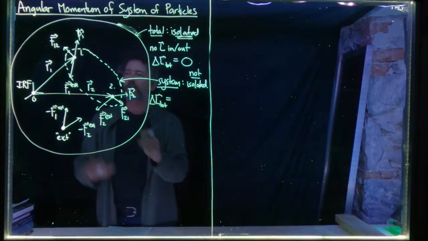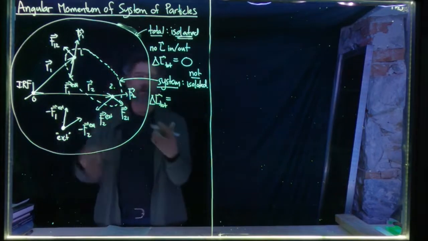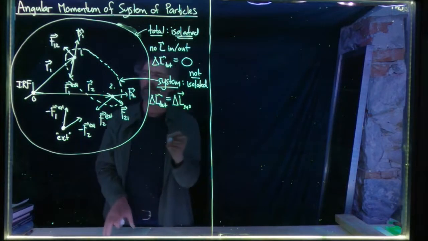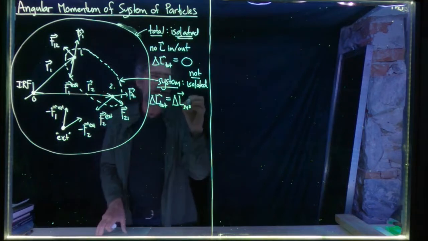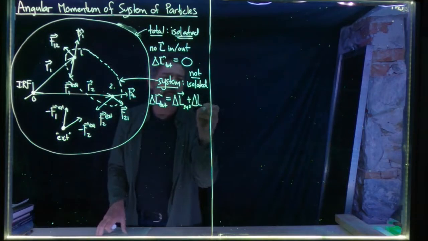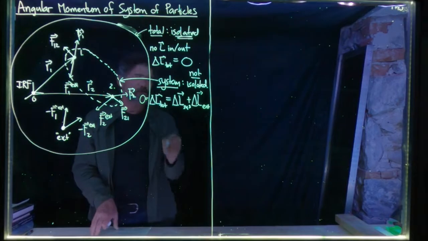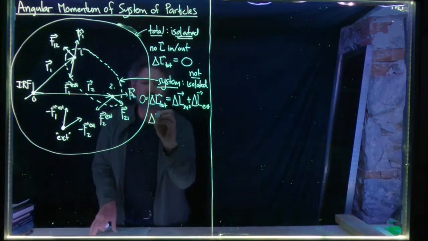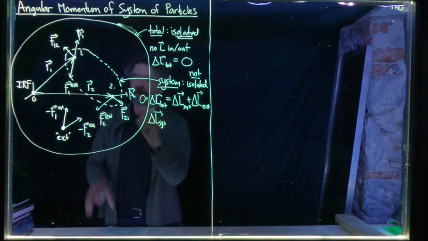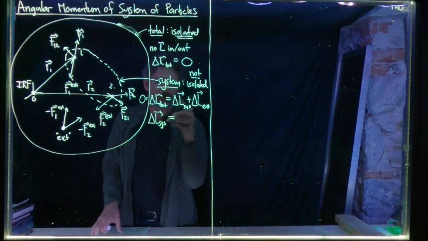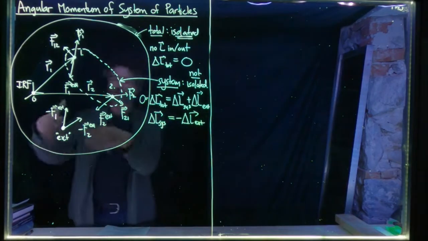The total angular momentum of all three particles has two parts: there's an angular momentum associated with the system of particles 1 and 2, and there's an angular momentum associated with the external particle or particles. Delta L total is equal to 0. So the angular momentum in the system that interacts with the external could be changing, and that change is the negative of the change in the angular momentum of the particles external to the system.